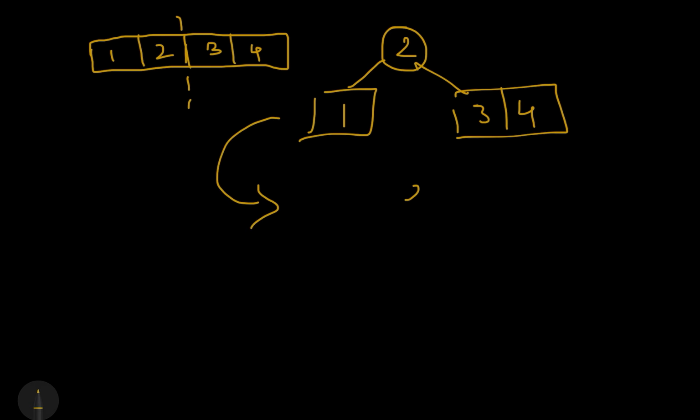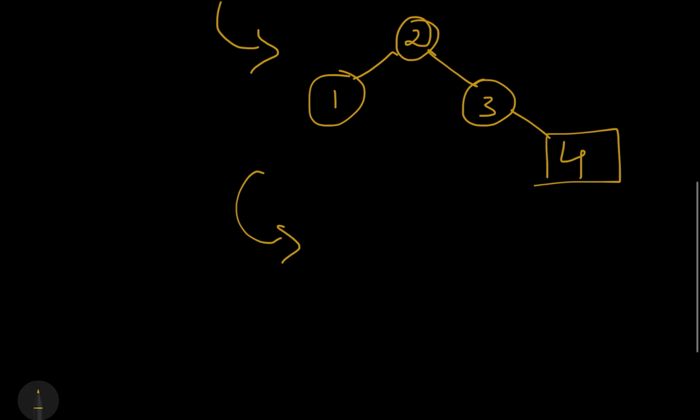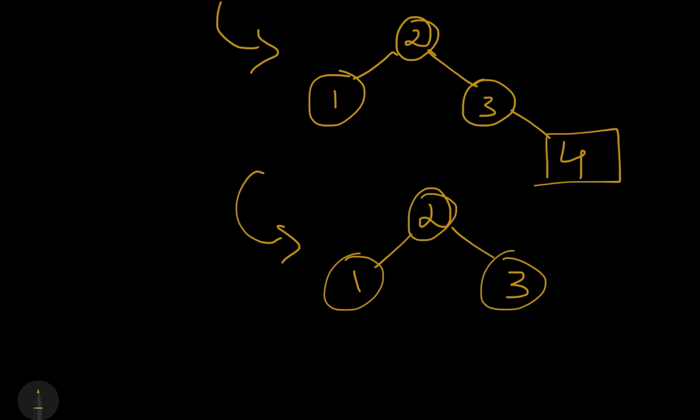Then again apply the same function on both sides, left and right. After applying the same function again and again, we will get our final binary tree.